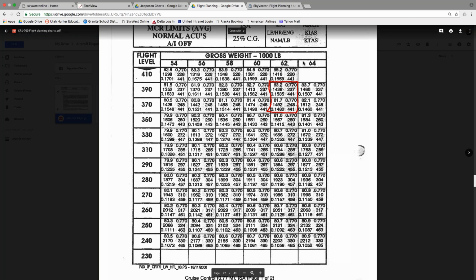That gives us 2,912. 1,456 times 2 is 2,912. That's our fuel per hour. Now, what's our true airspeed? 441.